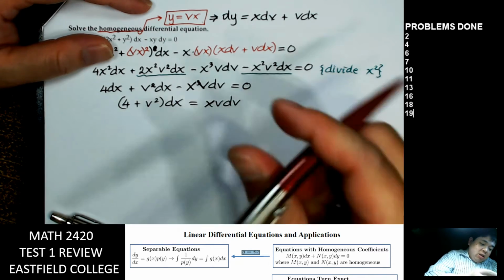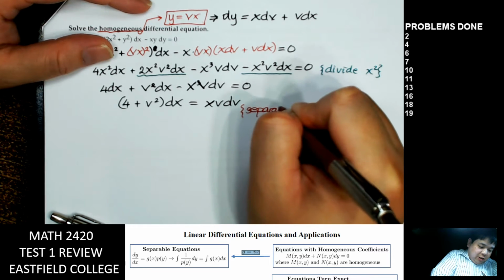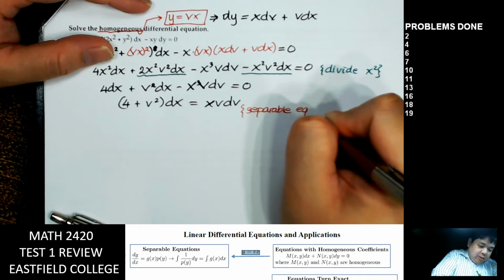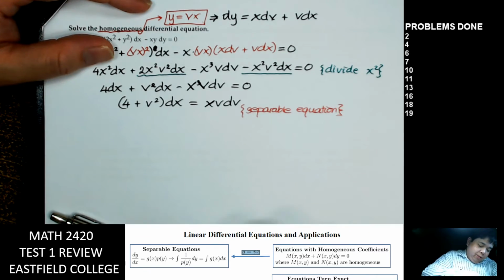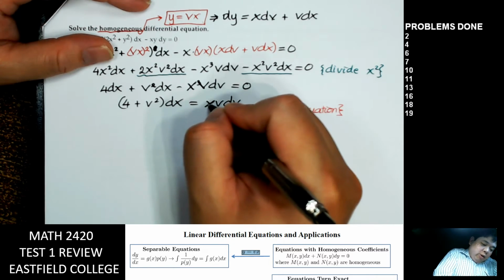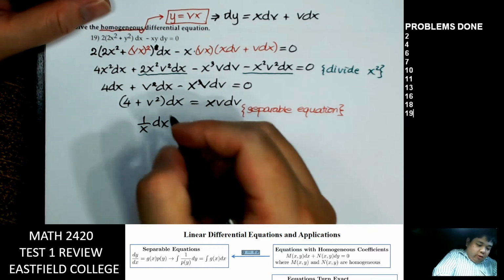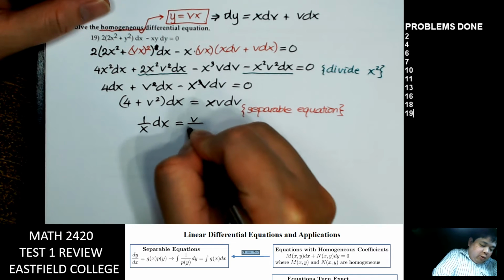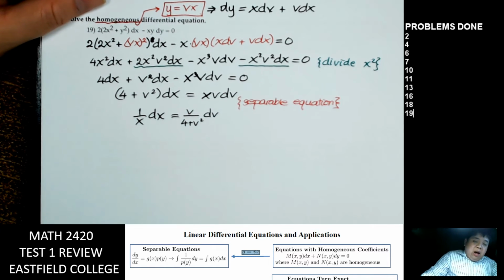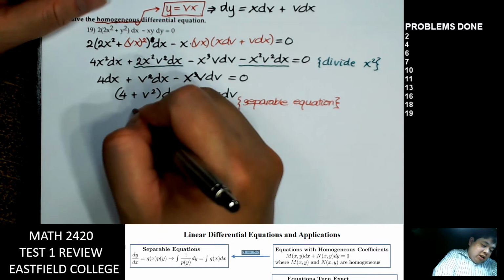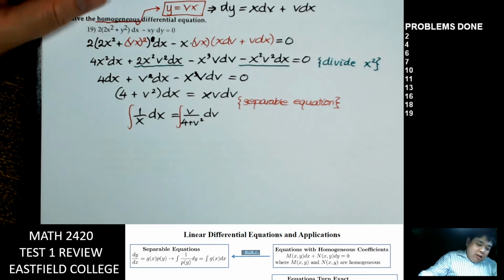By the way, this is a separable equation already. So x on one side, v on the other side, then we integrate.